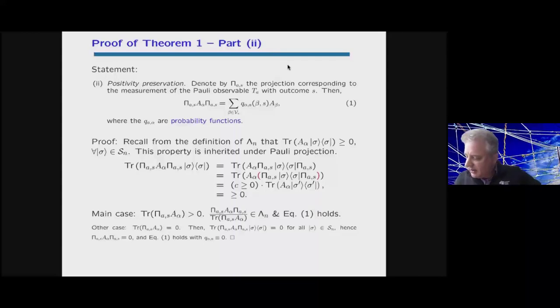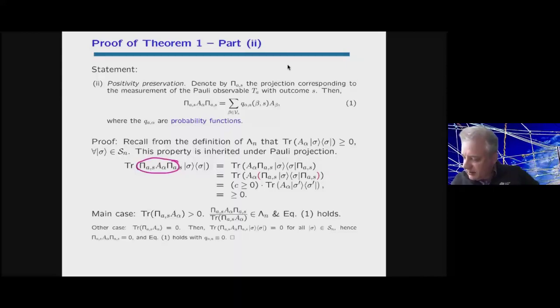Okay, and so this is how this would be done. It's a very simple argument. So this is our assumption. The vertex is in the polytope. It's an extremal point of the polytope, so it's in the polytope. And now from this, we want to show that this sandwich, the object after the measurement, is also positive.